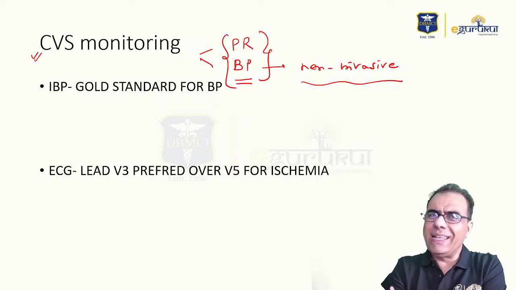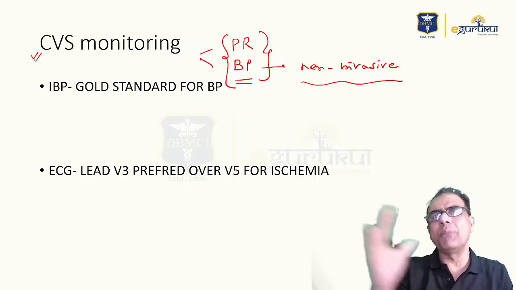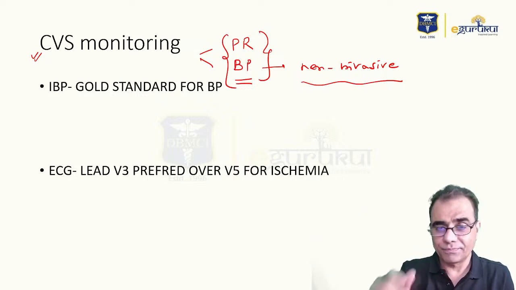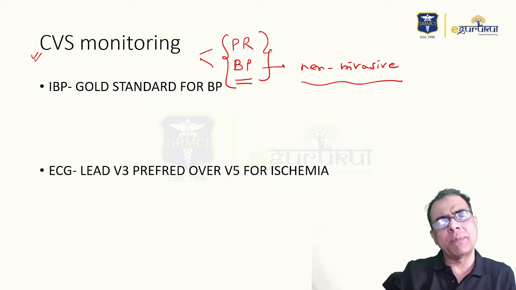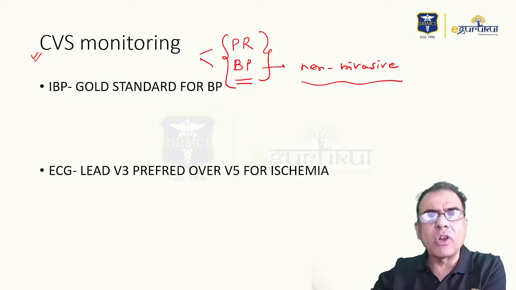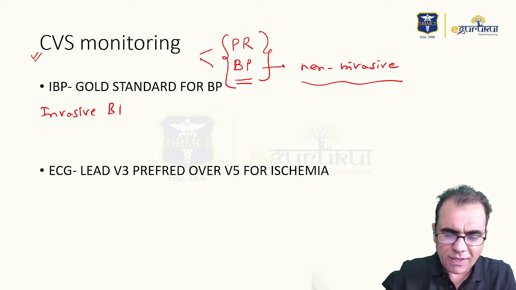You know that all these monitors, you just set the interval, and at the set interval they keep on recording the blood pressure. But if you want to have continuous BP measurement, then you have to cannulate one of an artery, and then we call it as invasive blood pressure.